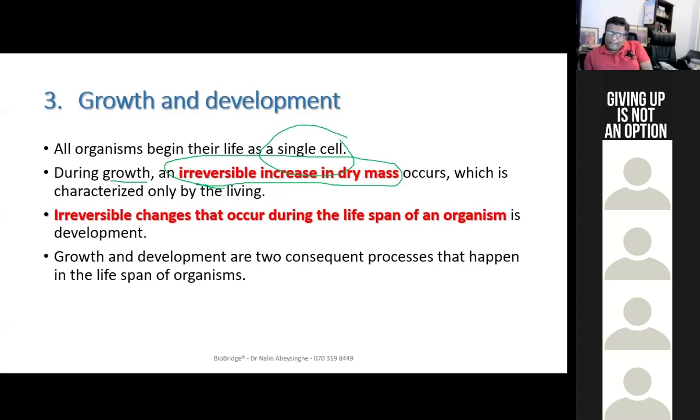What is really happening? When you're talking about dry mass, you have to remove water and fat. So whenever you put on or lose weight, your fat and water component will be altered, not the dry mass.